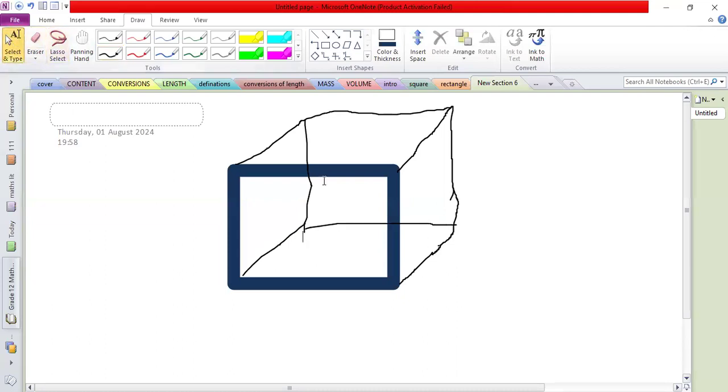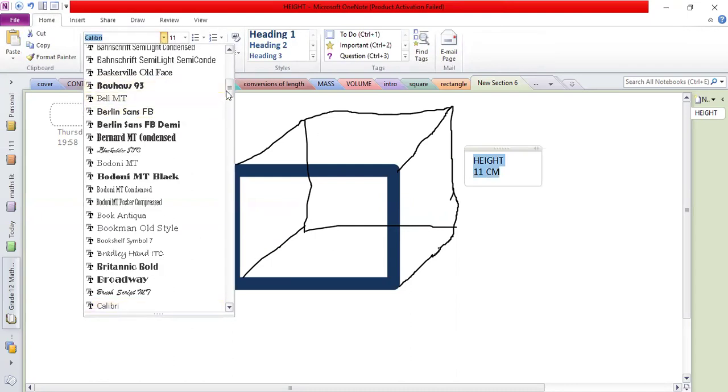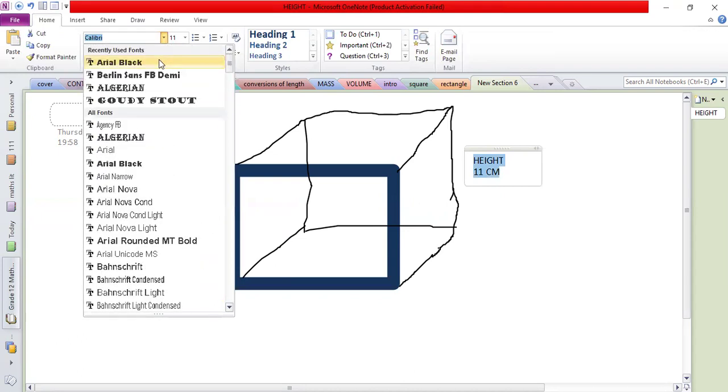When you are calculating something like this, you must understand the height. They say here the height is 11 centimeters. I don't know if you can see those words that I'm writing here. You are supposed to be seeing it. So please focus on it. We have moved beyond area. Now we are discussing volume.